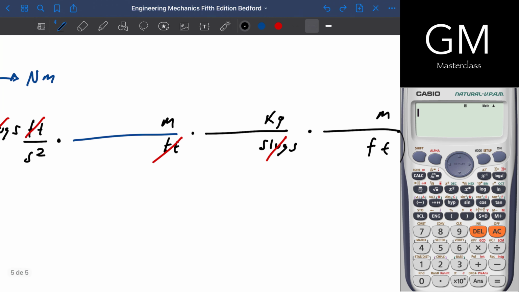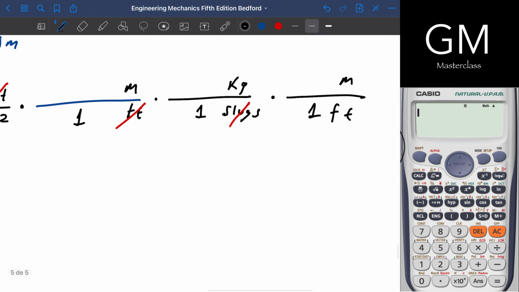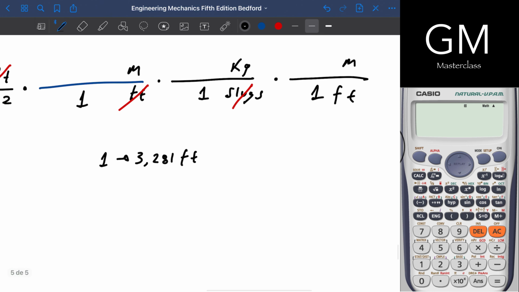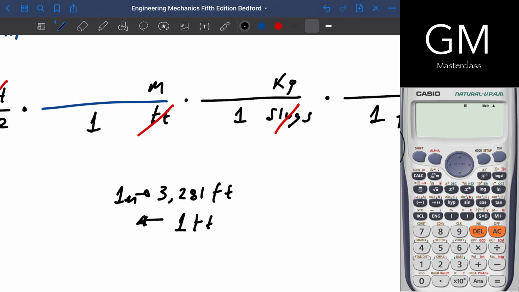So 1 feet, 1 slug, and 1 feet, I just have to find the equivalence into meters, kilograms, and again meters. So I already know that 1 meter is equal to 3.281 feet. So 1 feet is going to be equal to 1 divided by 3.281 feet.